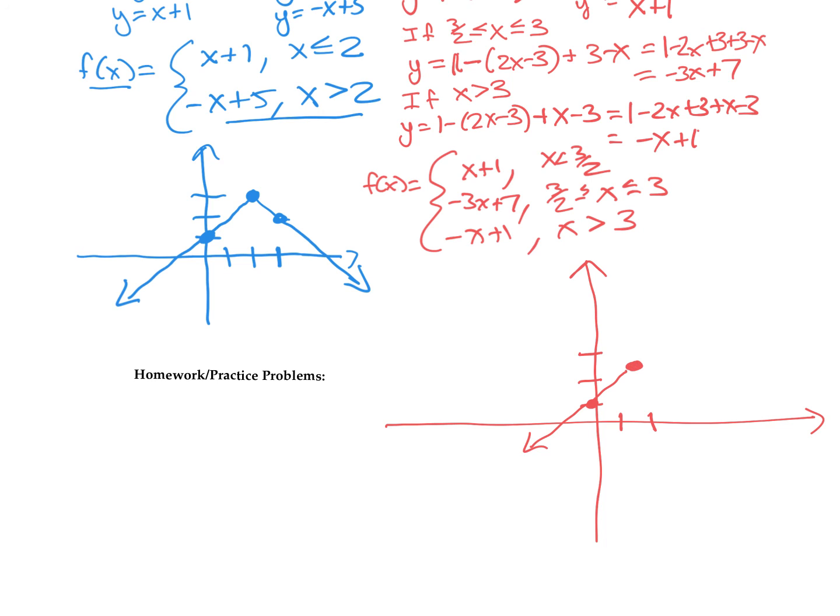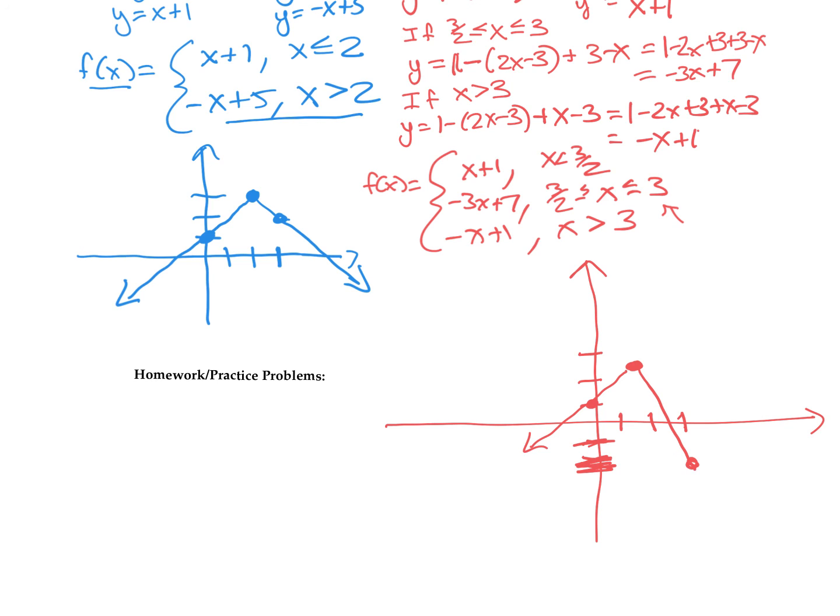So that's going to get filled in. And then let's put in our other extreme for this piece. If I put in 3, I get negative 9 plus 7, which is negative 2. So we're going into the negative range here. Makes sense. The slope is steeper here.